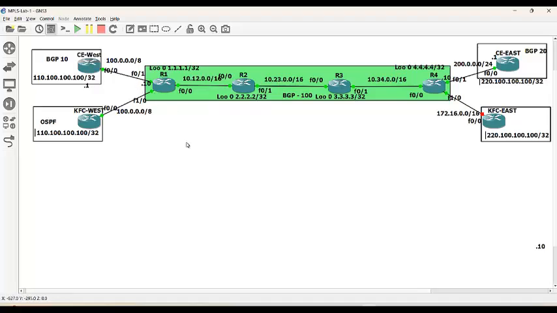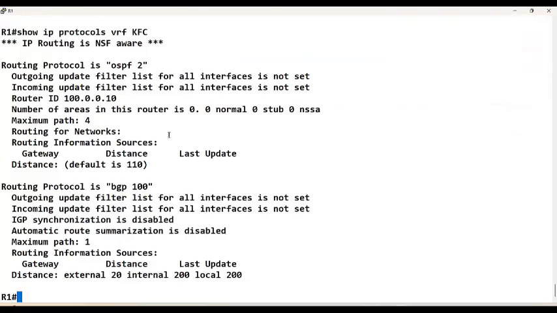It is okay. Even on this interface also I have given the same. So no worries about that. It is taken from the physical interface. And for KFC, BGP is also ready, but still we have not gone under KFC BGP.